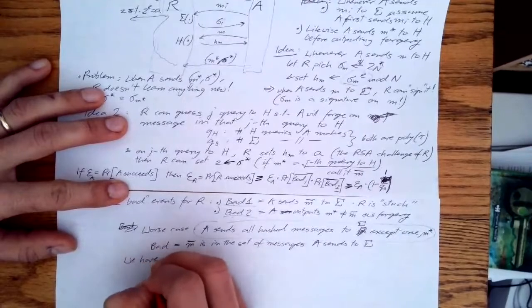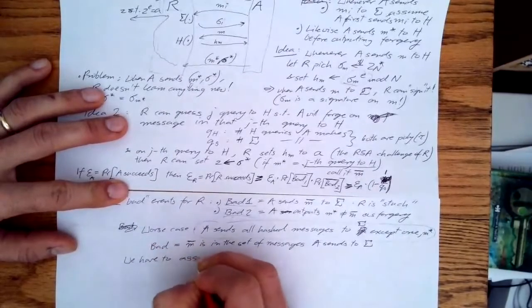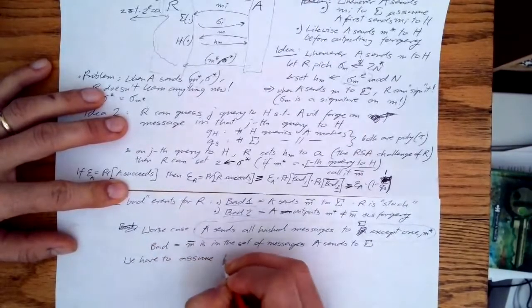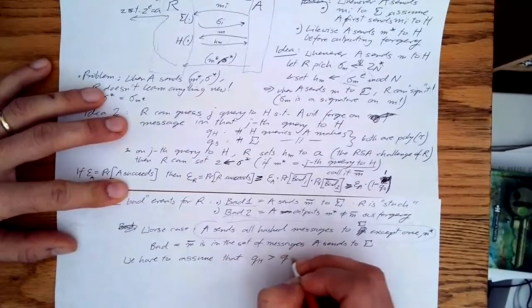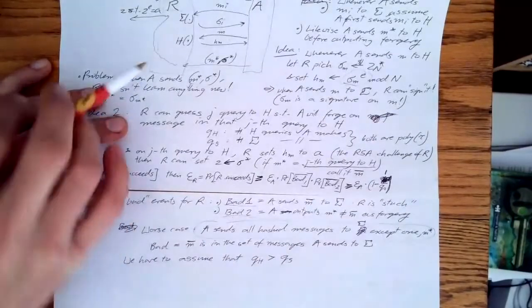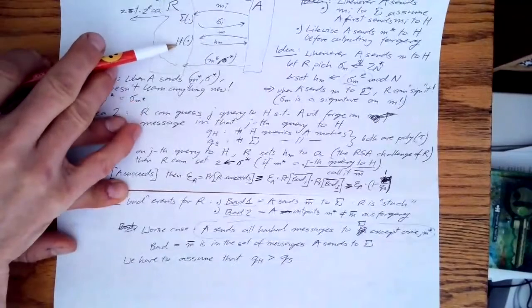So we have to assume that QH is larger than QS, right? You cannot sign all the messages that are hashed.